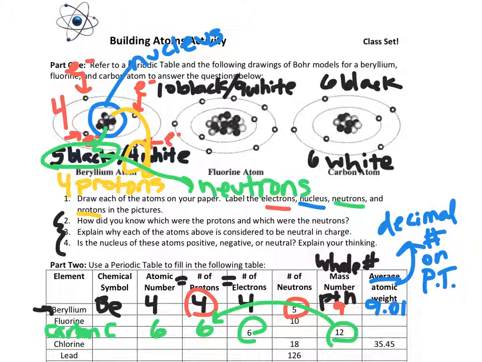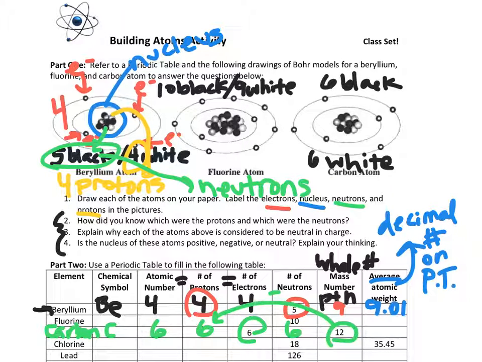So 12 minus 6 is 6 left over. So in this isotope of carbon-12, it has 6 protons and 6 neutrons, because 6 plus 6 is 12. So remember, that's how we get the mass number, protons plus neutrons. If you're given the mass number and you know the number of protons, you just subtract those two numbers to get the number of neutrons.